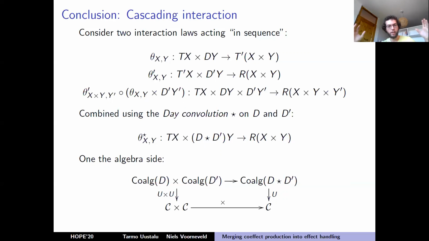And then we can combine these interactions together using a deconvolution construction of D and D prime. And that's also subject to future research. And on the behavioral side of algebras and coalgebras, we combine the coalgebras on the one environment and on the other environment, merging these together into a coalgebra on the deconvolution of D and D prime.